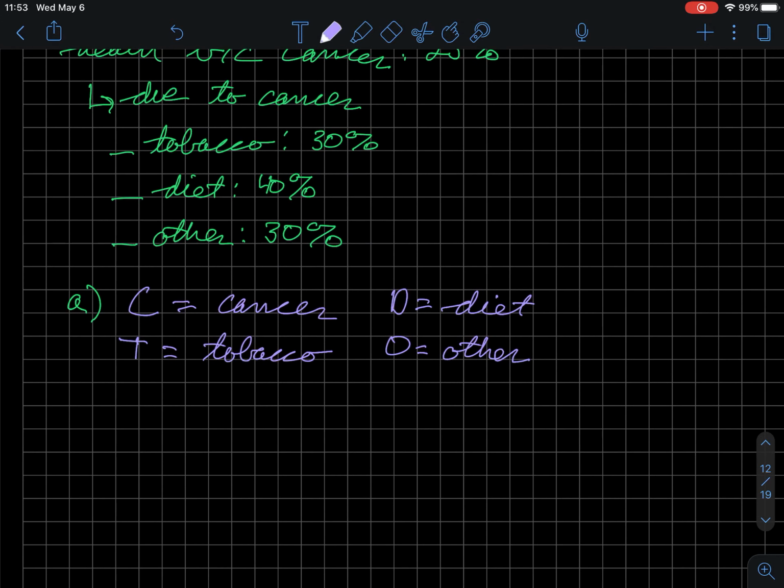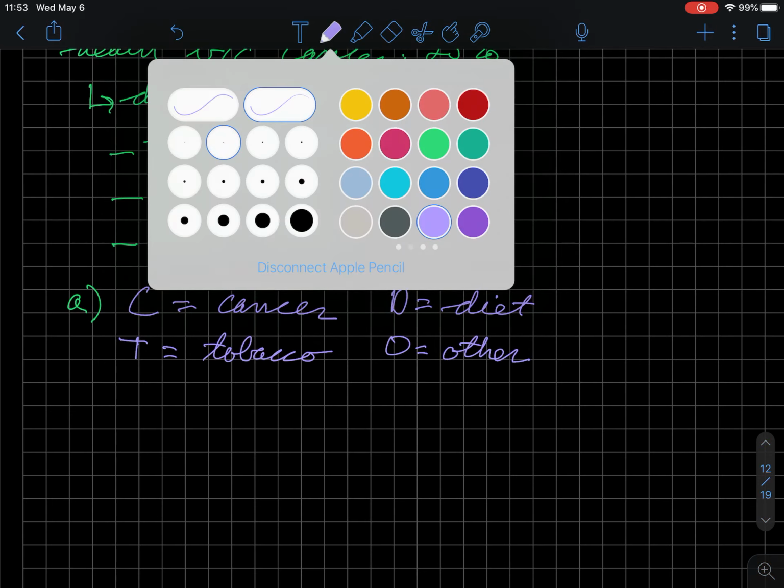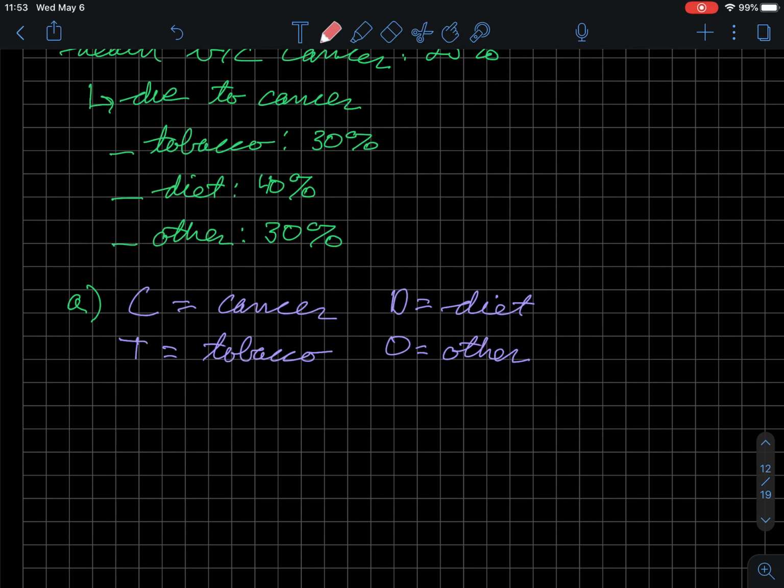And so we have these four different ones, right? Which ones are going to be conditional? There are really three possible events here. All these people have cancer, but it really depends on how you died, right? So the answer is that a cancer death due to tobacco is one conditional probability, and again, this is 0.30.